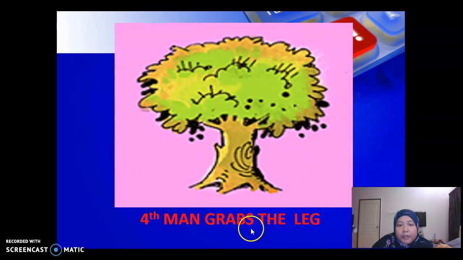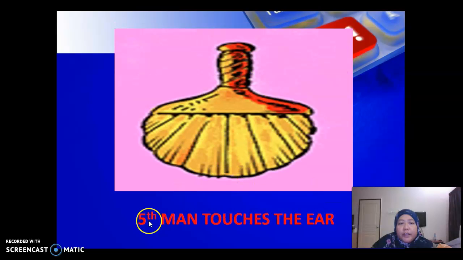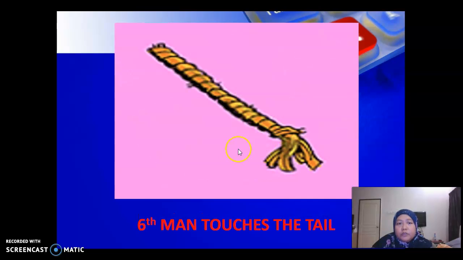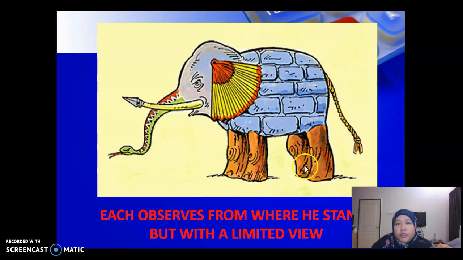The fourth man grabbed the leg and felt it was like a tree trunk. The fifth man touched the ear and felt it was like a fan. The sixth man touched the tail and said it is like a rope. When we illustrate the image of the elephant, it's like this.